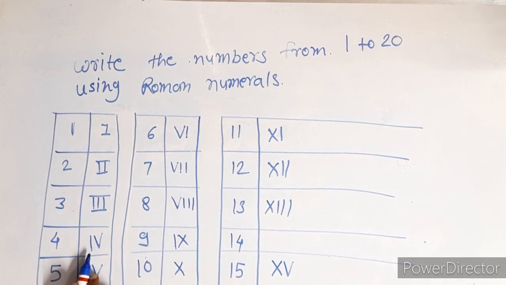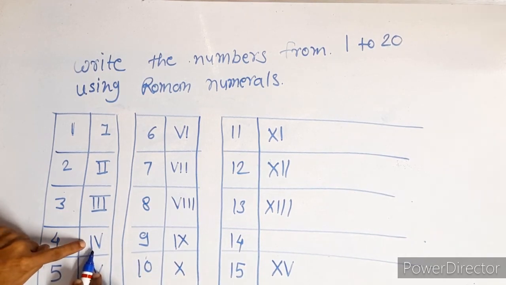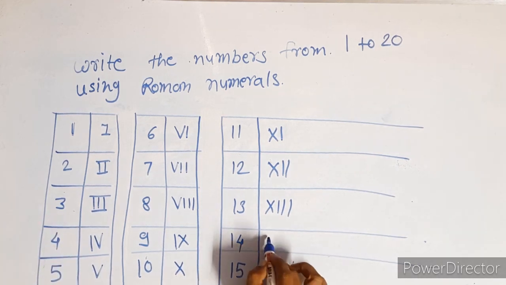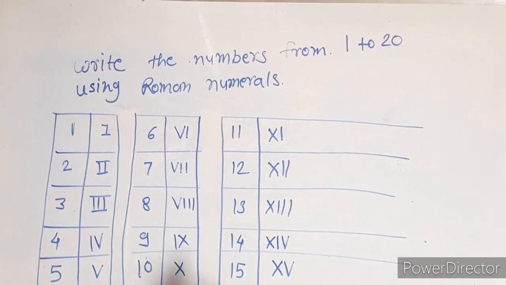Now 4 is shown by IV. So now we use X IV, which means 10 plus 4.